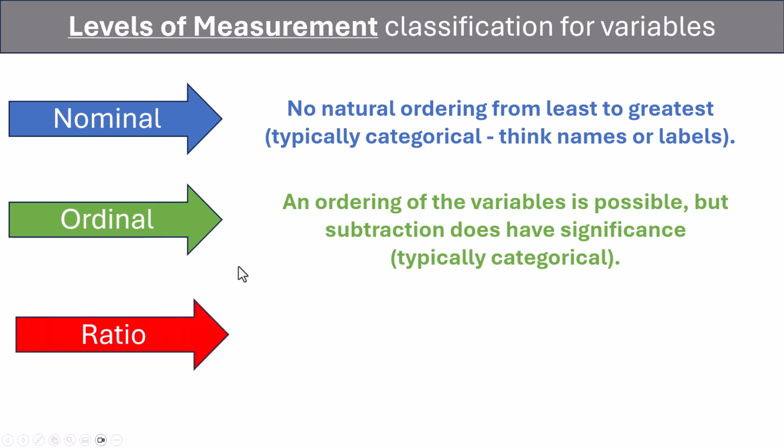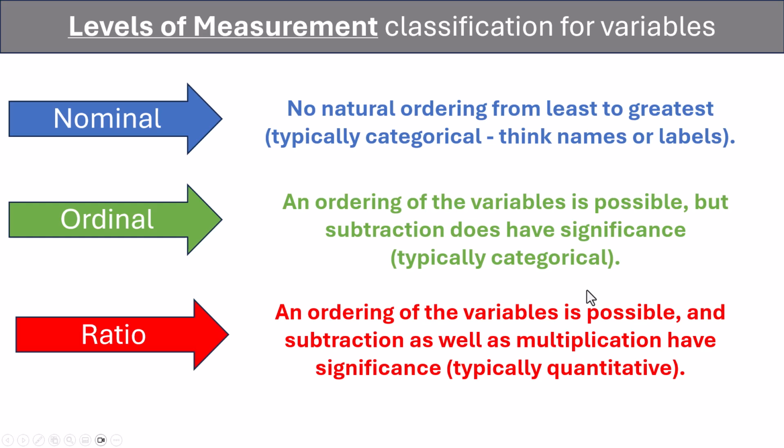And then finally we have ratio, which for all intents and purposes in this class is mostly going to be the quantitative variables, right? This is where the ordering of the variables is going to be possible, subtraction is going to be possible, as well as multiplication. Even division can sometimes be possible, or is typically going to be possible here. And they're all going to have significance and have an objective meaning. So an example could be age.